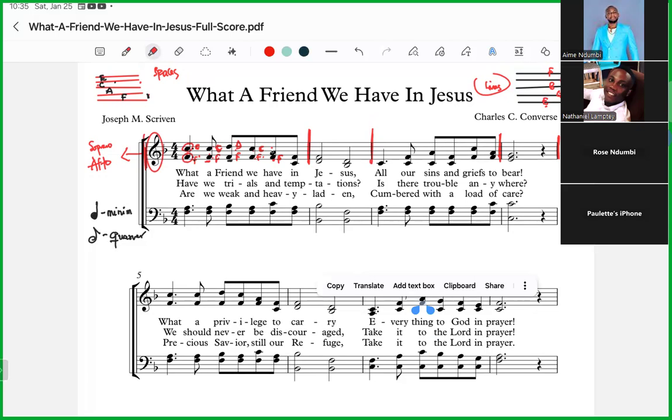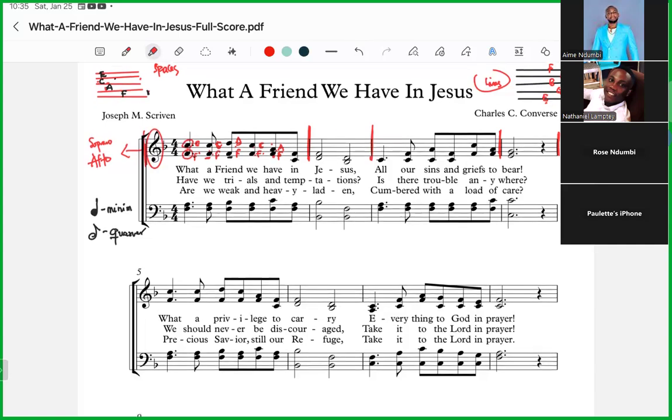Then the next note, which is the soprano note, is on a space, right? Is it on the first, second, or third space? It's on the second space, and the second space is an A. So there's an A.